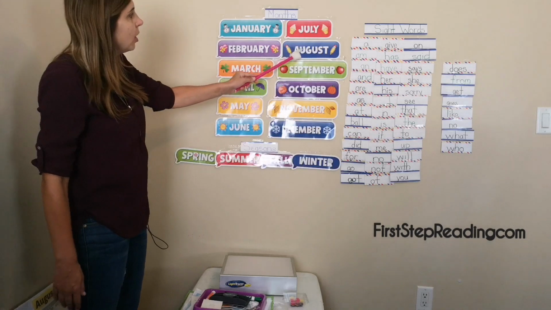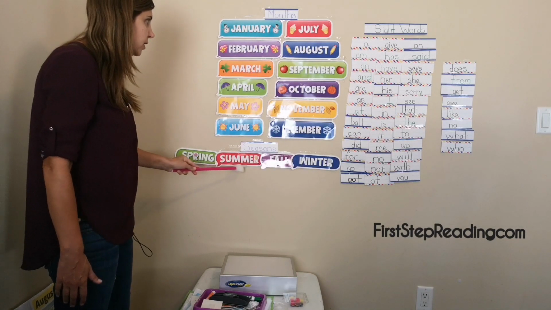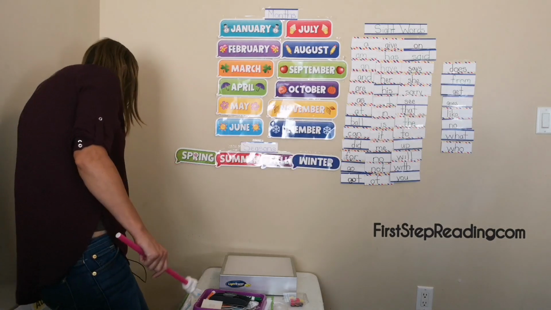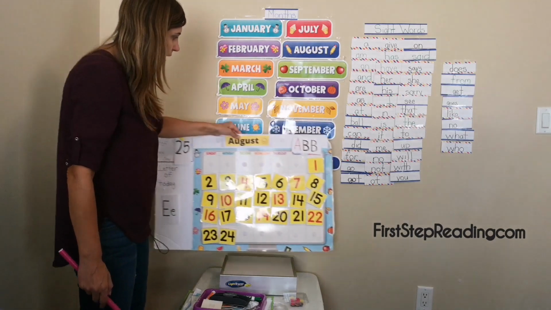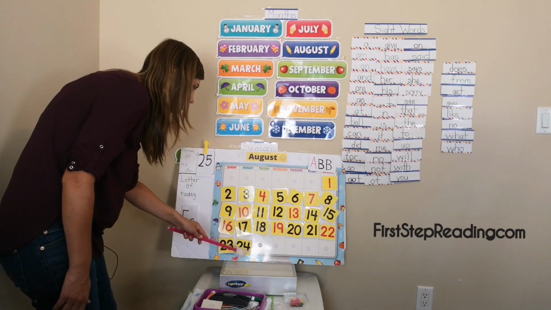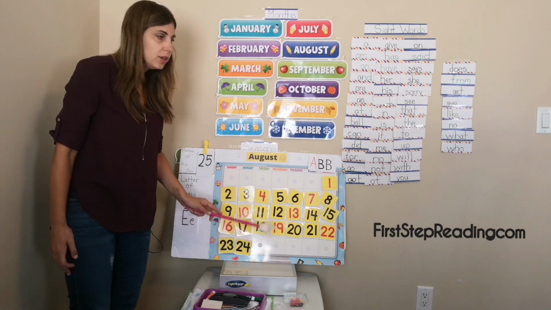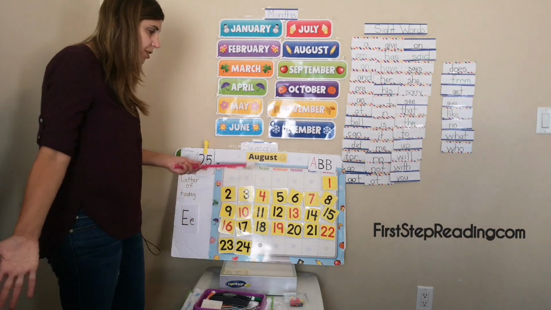And since we're talking about August today, we said it falls in the summer. Okay? So we have number 24 here, and we need to figure out what the next day is. The easiest way to do that is just to count.